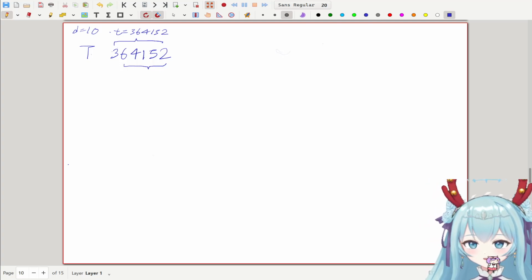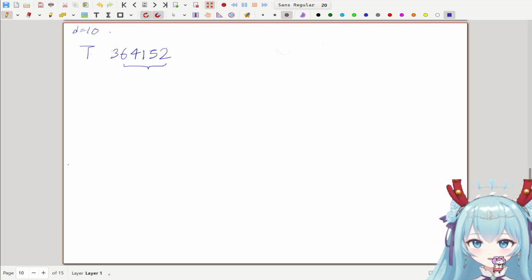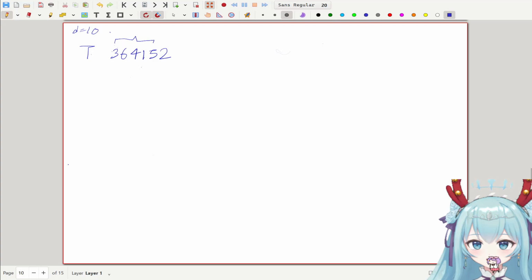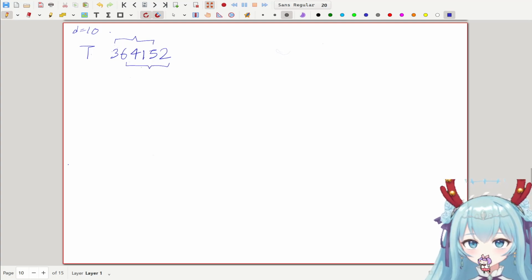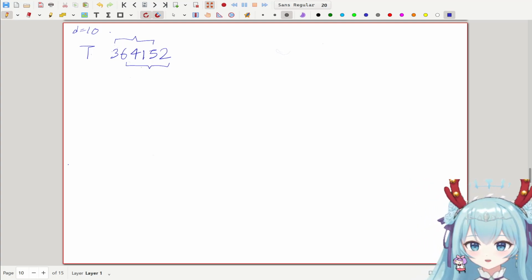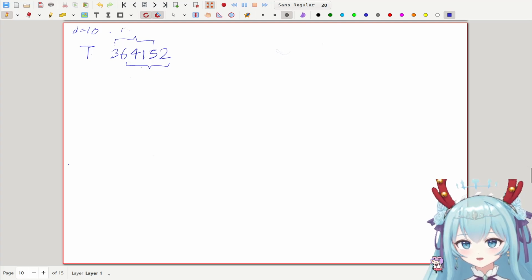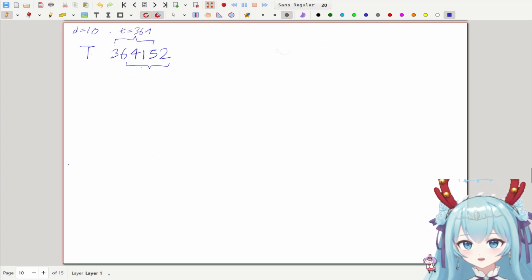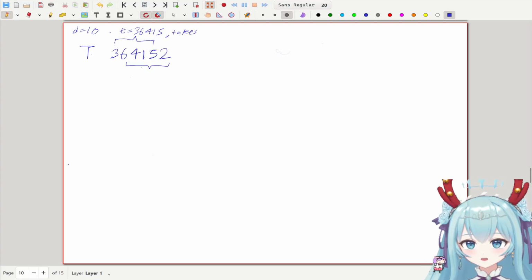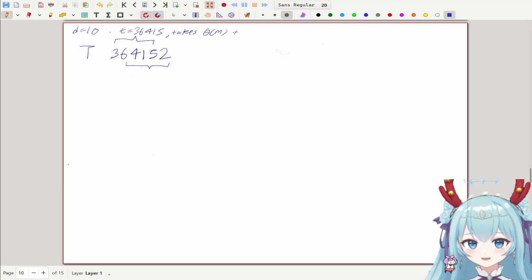Okay, let's say this is the first window and this is the second window. The window is 5 characters long. And this first window has a value of 36415, which takes theta of m to calculate.